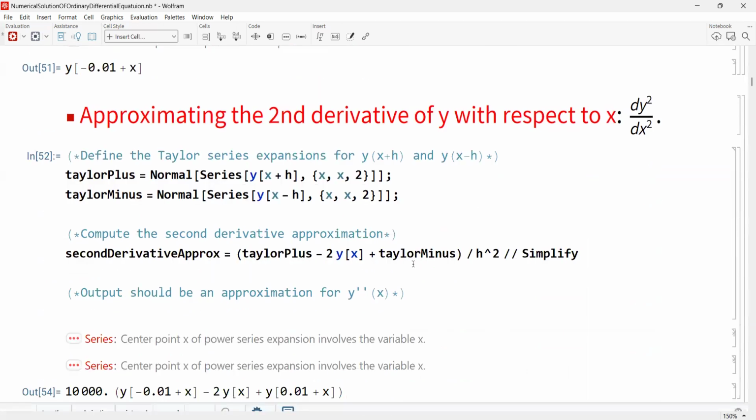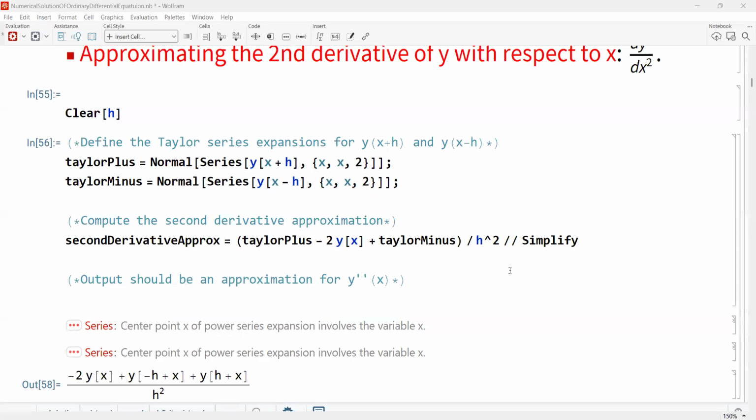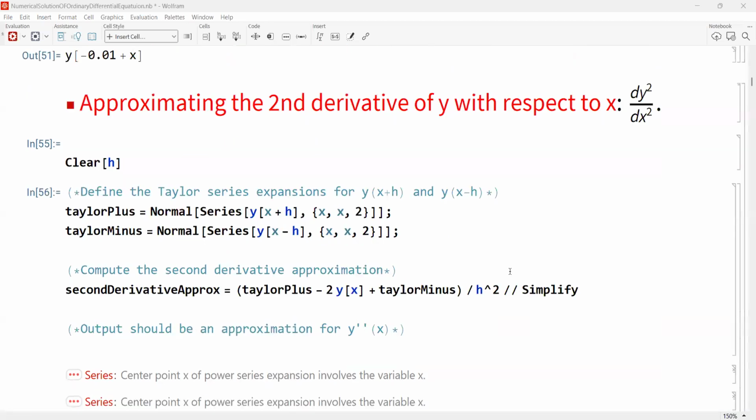So we have the Taylor plus here, x plus h, up to the second order.